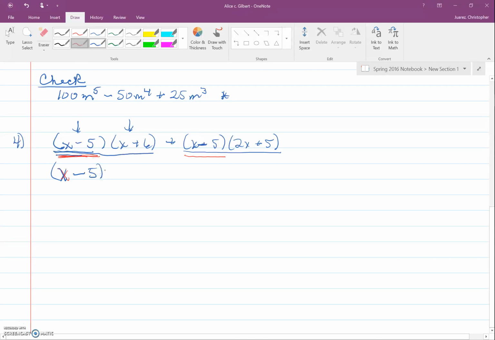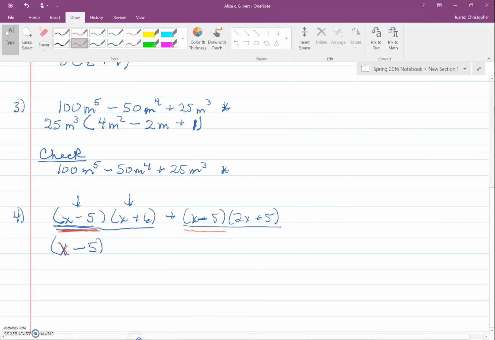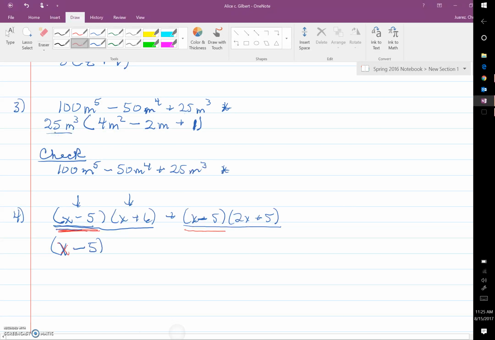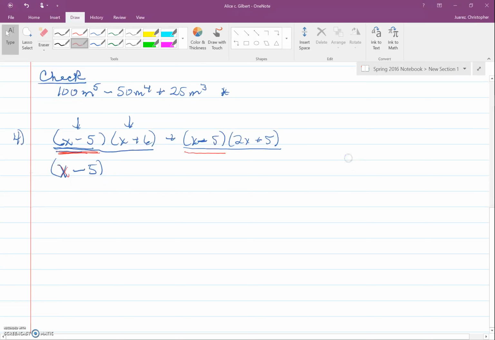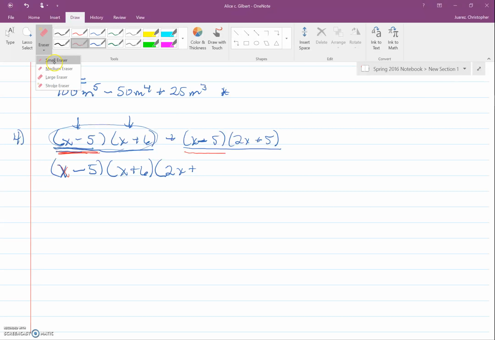Well, just like we did before, we put it out front and then are multiplying it. So I'm going to multiply. Well, what's left from this stuff? x plus 6. And then what's left from this stuff? 2x. Oh, excuse me. My fault.